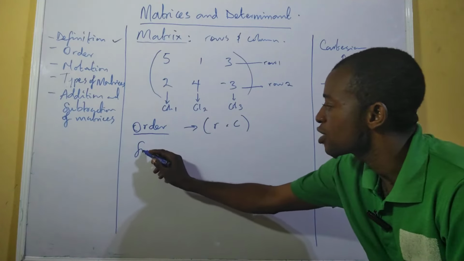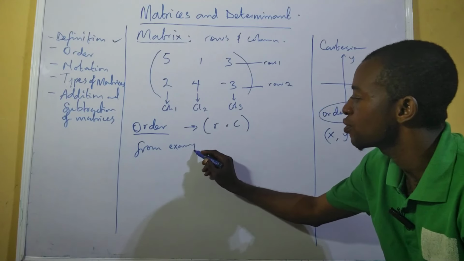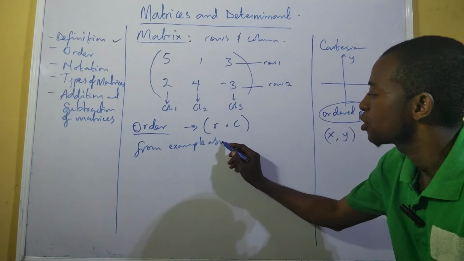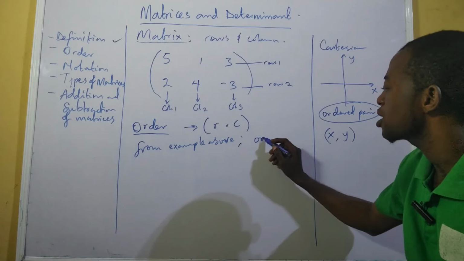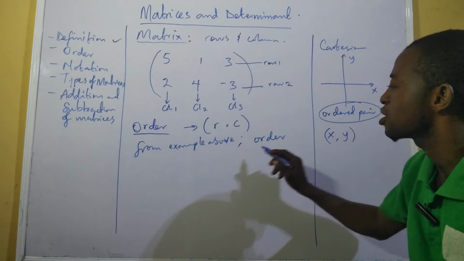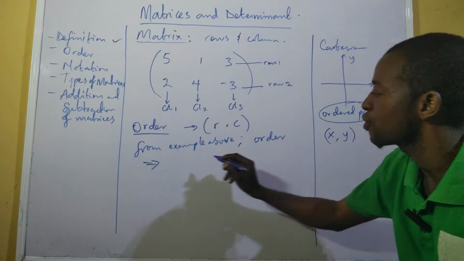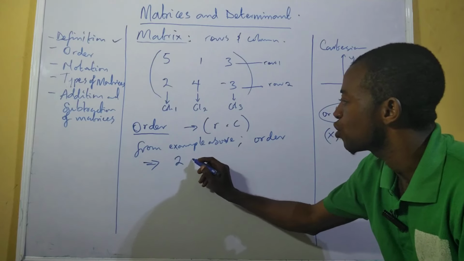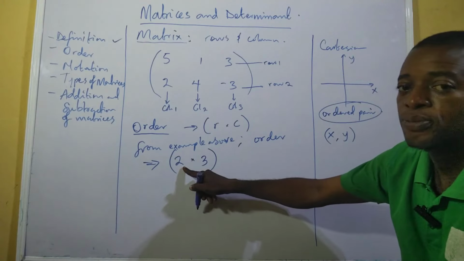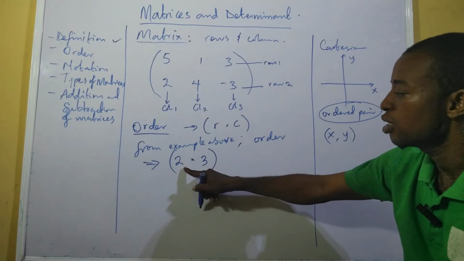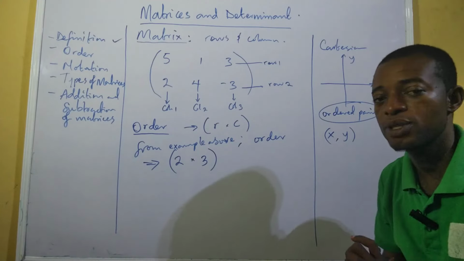So from the above example, we can say that the order of that matrix is 2 by 3. This 2 represents the row, while this 3 represents the column. So that's the order of a matrix.